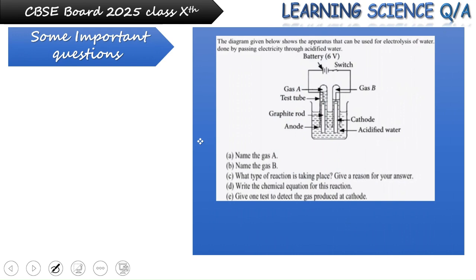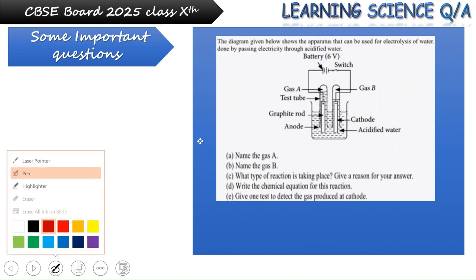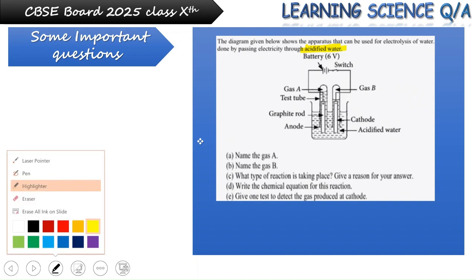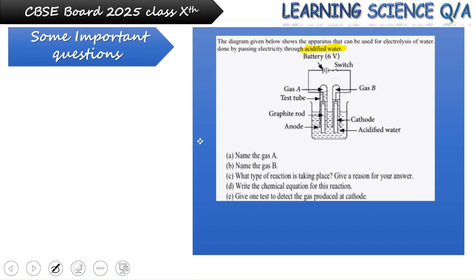Now the next question: the diagram given below shows the apparatus that can be used for electrolysis of water, which is done by passing electricity through acidified water. We have a very important point mentioned here, that acidified water is used for electrolysis. First reason, it makes the water more conducting.